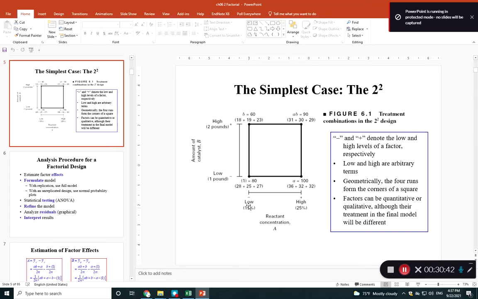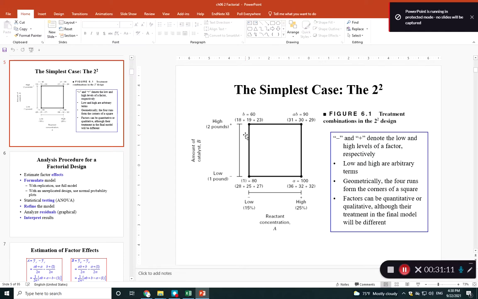I have low A and high B, 3 observations, and so on. So in total, how many degrees of freedom do I have? 3 times 4 minus 1, 11, right? Okay? So now we're saying that here are 11 degrees of freedom represented in this square dance.